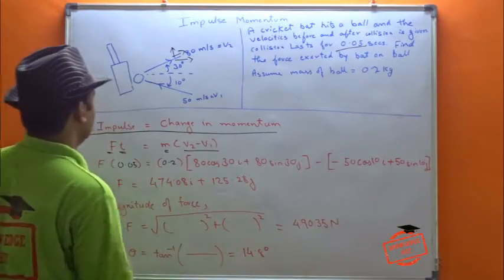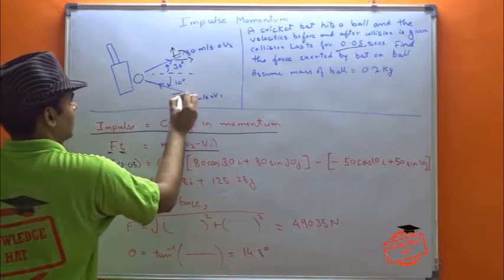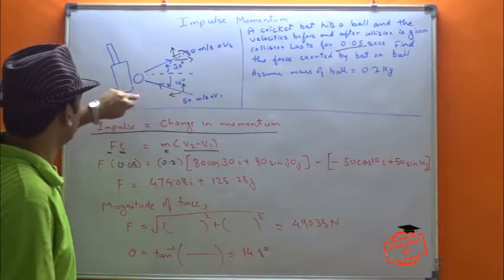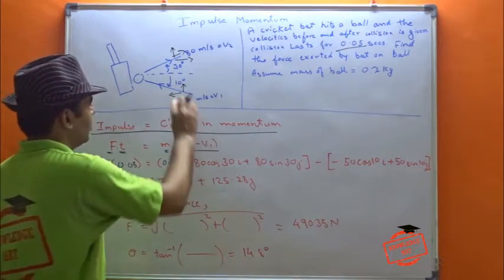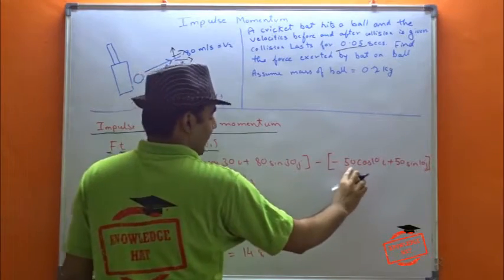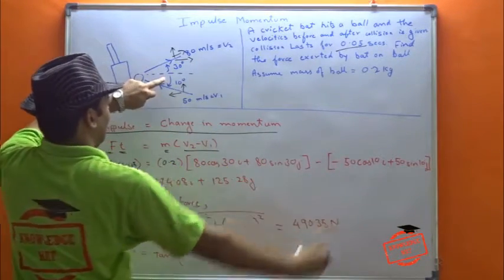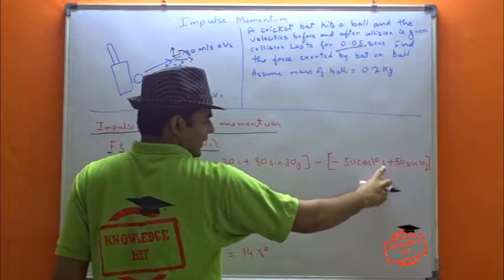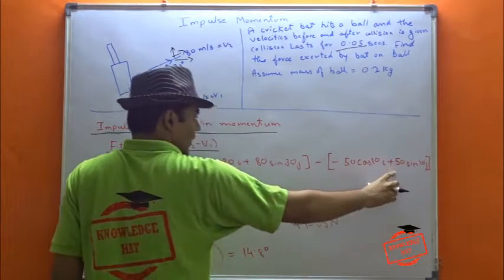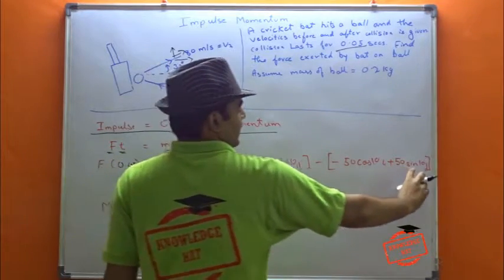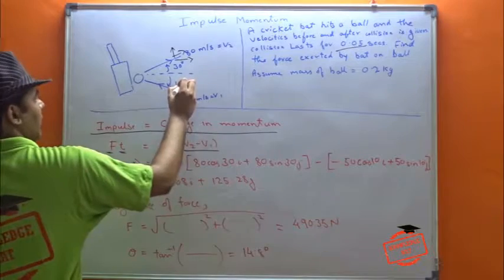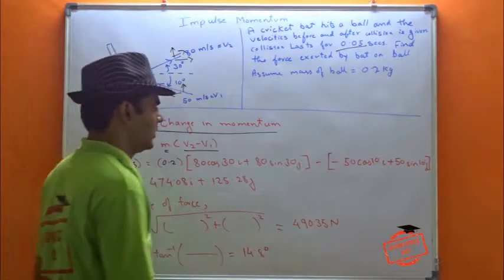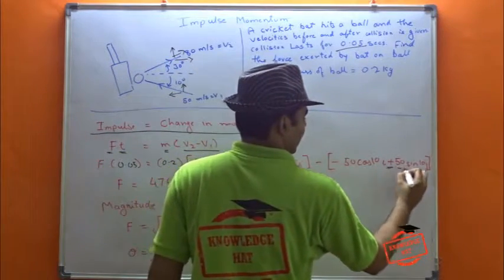Before collision, the x component is pointing towards the negative x-axis, so this is taken as negative. 50 is the velocity and 10 is the angle, so it is minus 50 cos 10 i, plus 50 sine 10 j, and this sign is positive because the y component is upward.